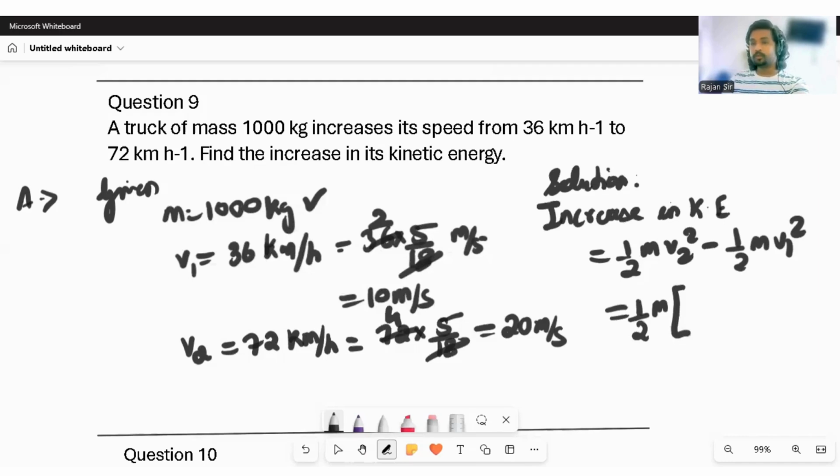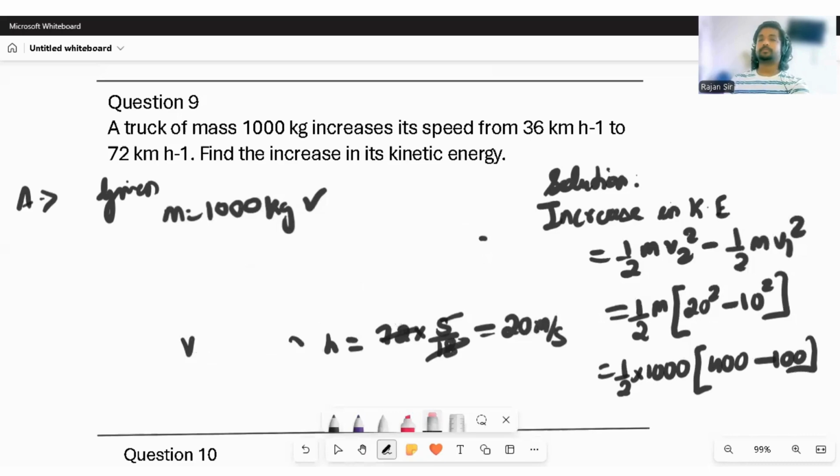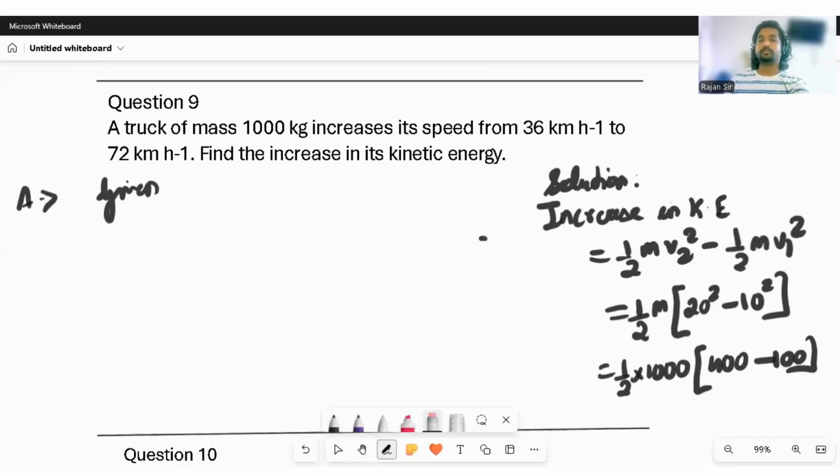You take v2 square, that is 20 square minus 10 square. So we have half into 1000 into v2 is 20, square is 400, minus 100. So we got half into 1000 into 300.